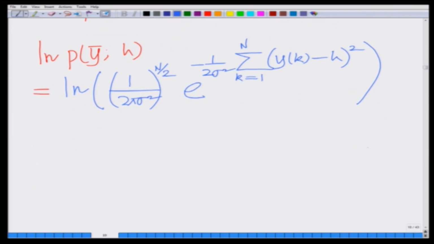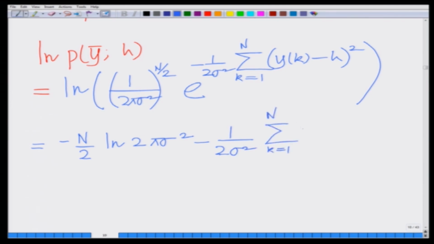Taking the logarithm, we get minus n over 2 ln 2 pi sigma square minus 1 over 2 sigma square summation k equals 1 to n of yk minus h whole square.